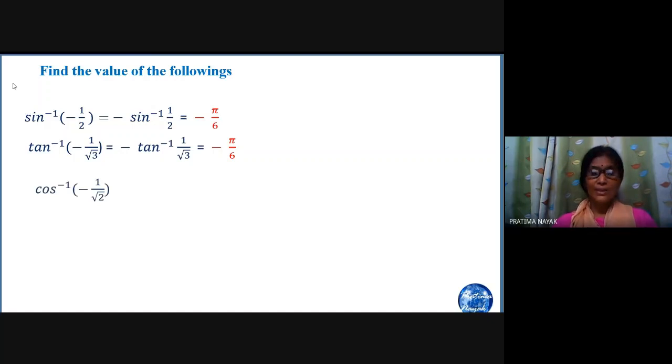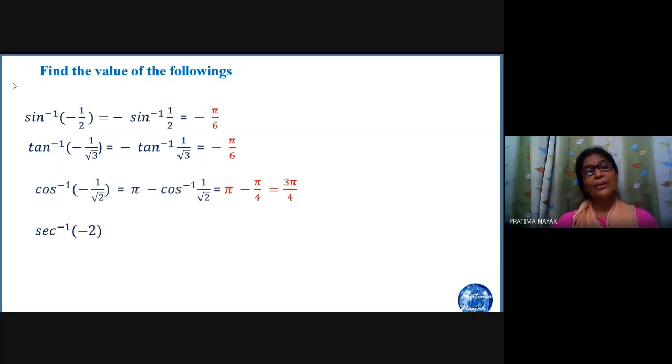Cos inverse minus 1 by root 2. It will be pi minus cos inverse 1 by root 2. And what is cos inverse 1 by root 2? It will be pi by 4. So it will be pi minus pi by 4. How much is it? It is 3 pi by 4. Next, sec inverse minus 2.